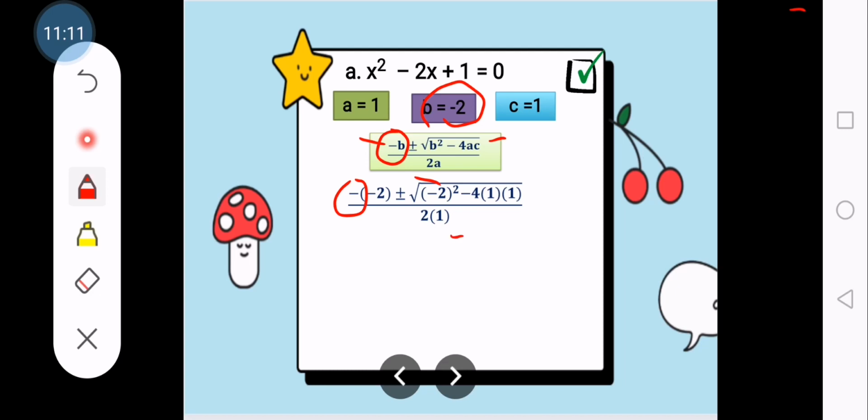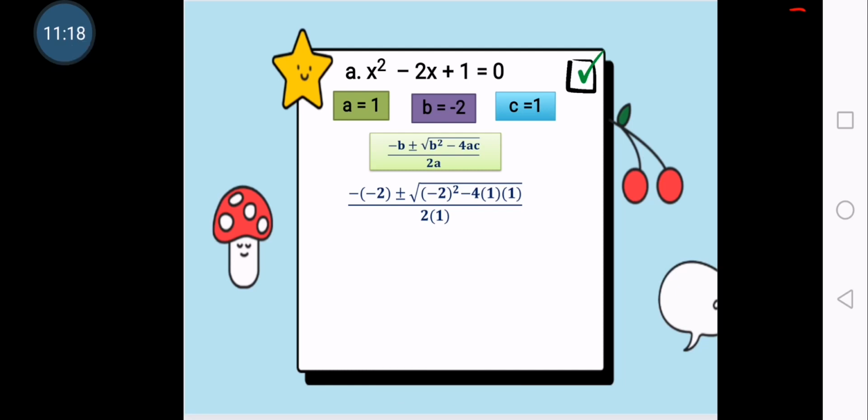Napaka-importante na alam natin i-substitute ng tama. Okay? Next, continue. Negative times negative, so it will become positive 2. Plus minus, sa loob naman tayo. Negative 2 times negative 2 is positive 4. Minus 4 times 1 times 1 is 1. Over 2 times 1 is 2.